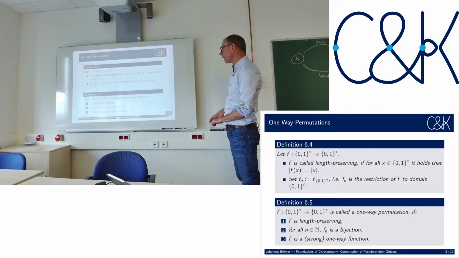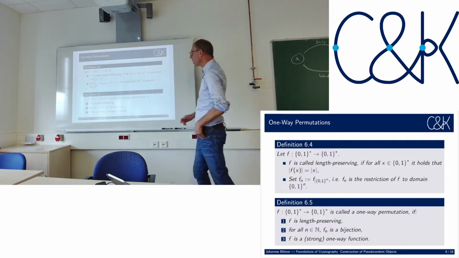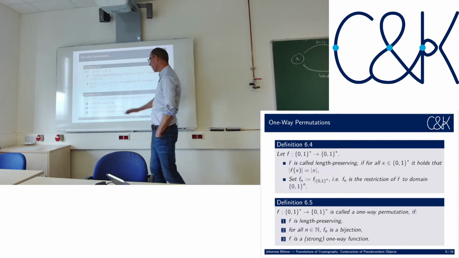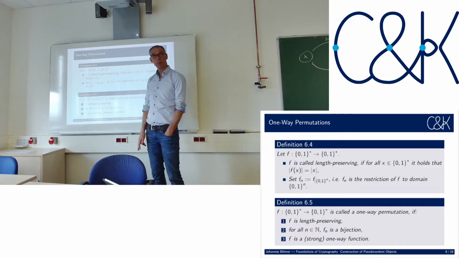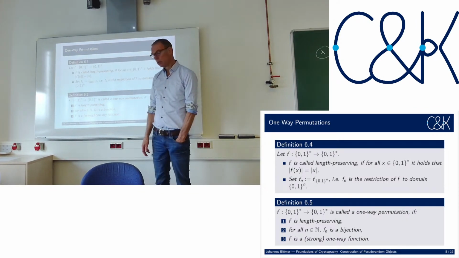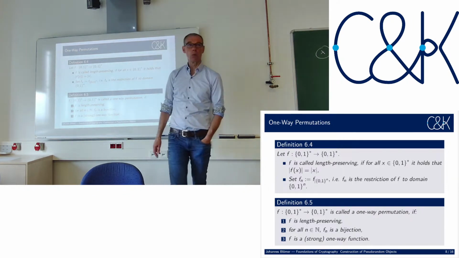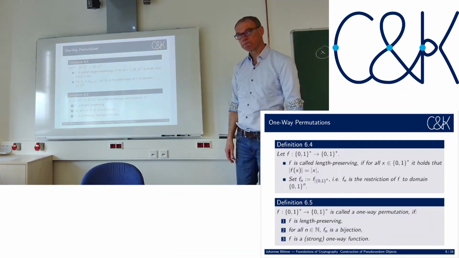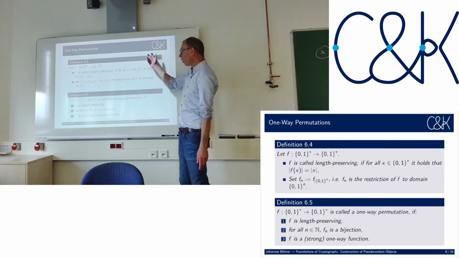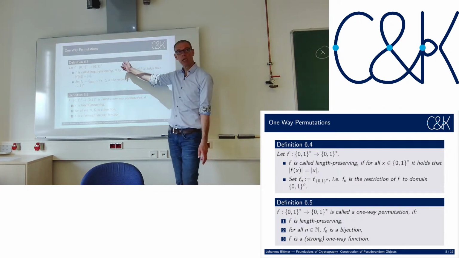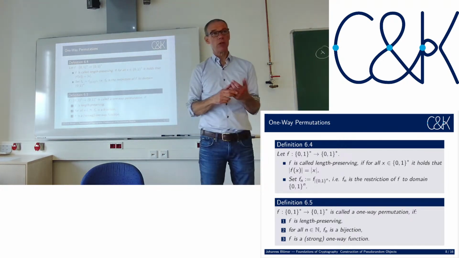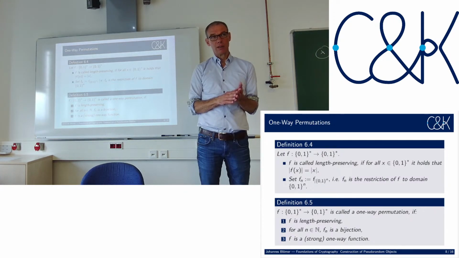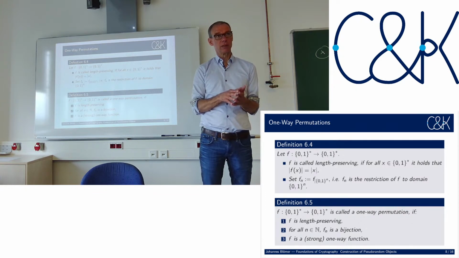And then we say that f is a one-way permutation if, first of all, f is length preserving. For all these restrictions, f_n is a bijection, and f is a strong one-way function. So permutation doesn't just mean that this function from {0,1}* to {0,1}* is a permutation. But for all n, the restriction must be a permutation.